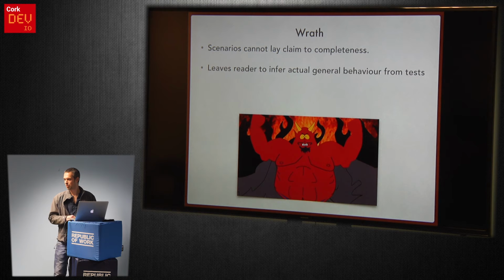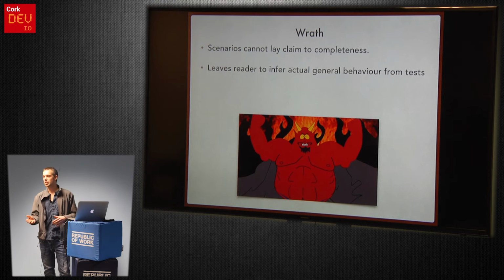Wrath. At this stage, you probably understand that my 7 sins is slightly contrived. So you've written your test cases properly, and you have a good description, but you still only have one executable scenario. Only one test case for each behavior that you're trying to test. Then your reader might be left to infer what the meaning of those particular values are, and has to connect the dots.